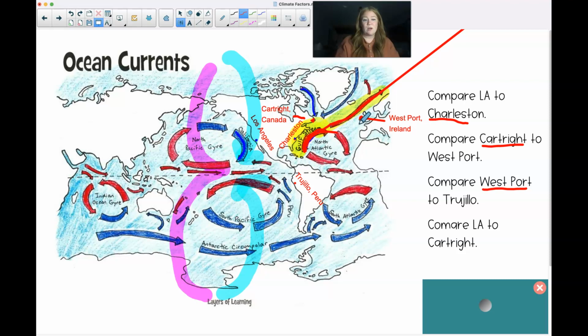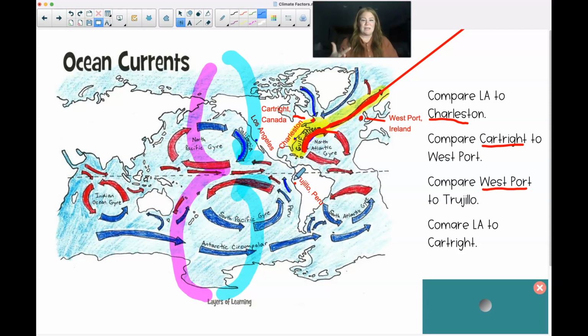Okay, let's look at Westport. So we've got Westport, Ireland, and Trujillo, Peru. Now, this is an interesting one. Westport has this warm Gulf Stream going near it, and Trujillo has this cold stream coming back to the equator. However, look how close Trujillo is to the equator. Even though it's cold, it doesn't matter. At this point, the water's starting to warm up.